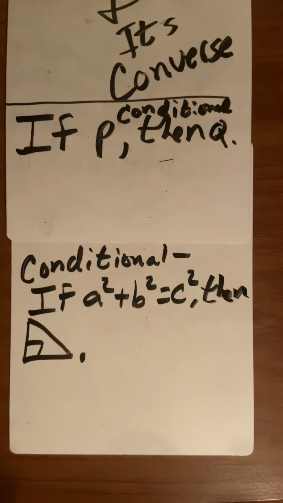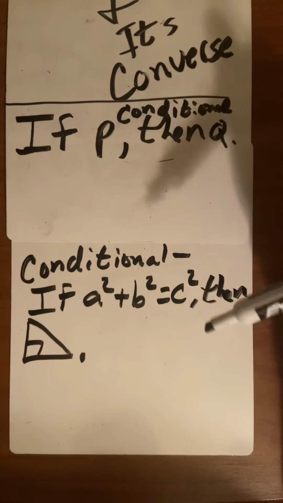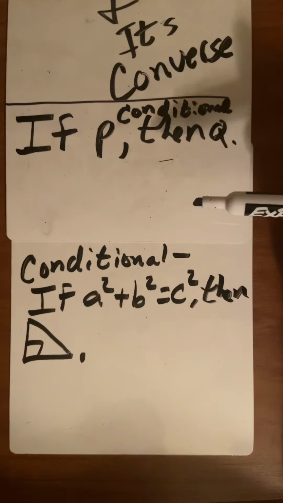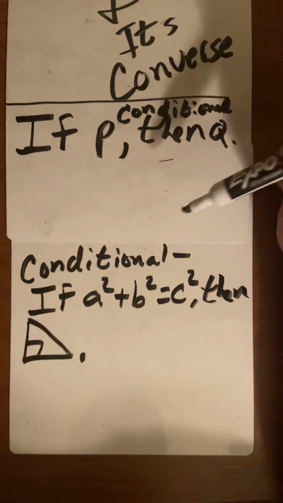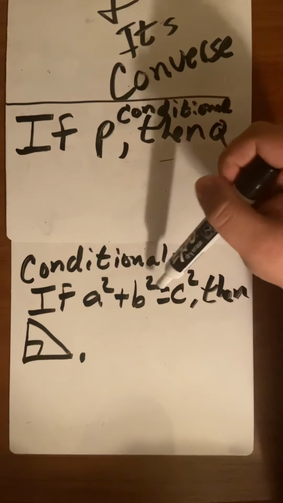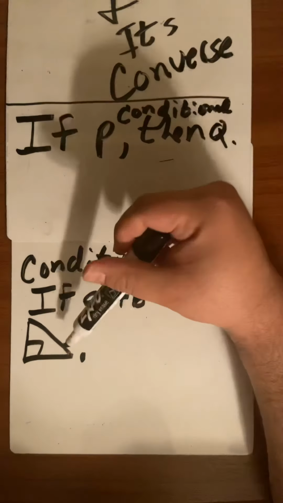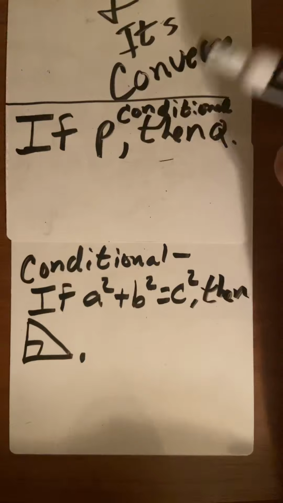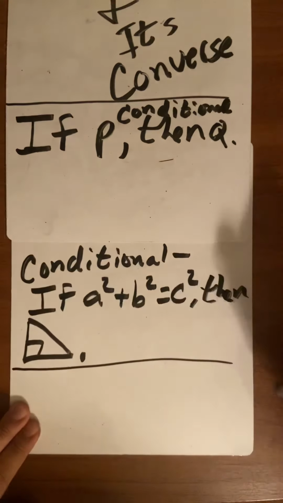Okay, so that's our conditional statement. And you'll notice that the title of your paper on 10-1K is Pythagorean theorem and its converse. So my conditional statement right now is if a squared plus b squared equals c squared, then we have a right triangle. Okay, so all converse is pretty much the opposite.